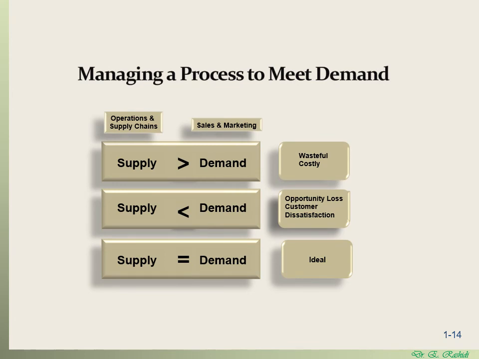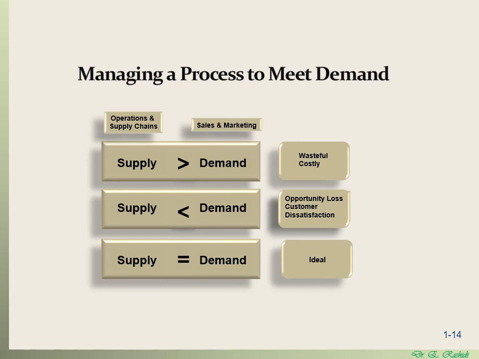Managing a process to meet demand. There are three scenarios in terms of supply, the operational supply chain part of the organization, and demand, the sales and marketing part. It could be that the supply, what an organization produces or provides, is more than the market demands.